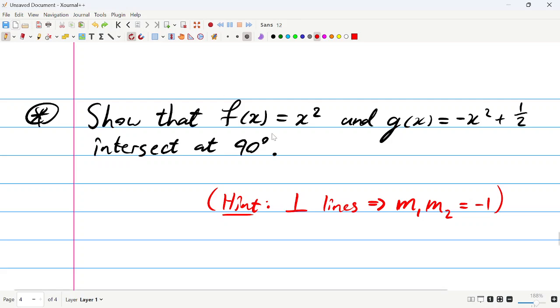And I gave you a hint to say that perpendicular lines imply that m sub 1 times m sub 2 is equal to negative 1. Remember that there are two different gradients because they're intersecting at a 90-degree angle. That is the only hint I'm giving you. I want you to see if you can intuitively answer this question based off of the information you've just received. All the best.